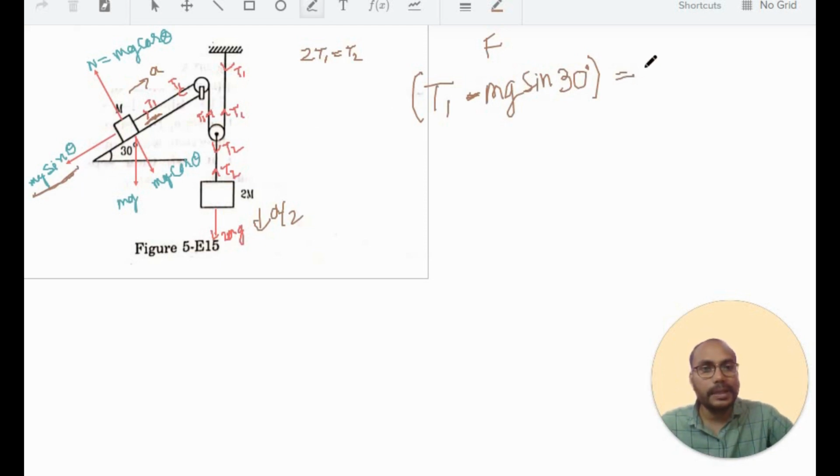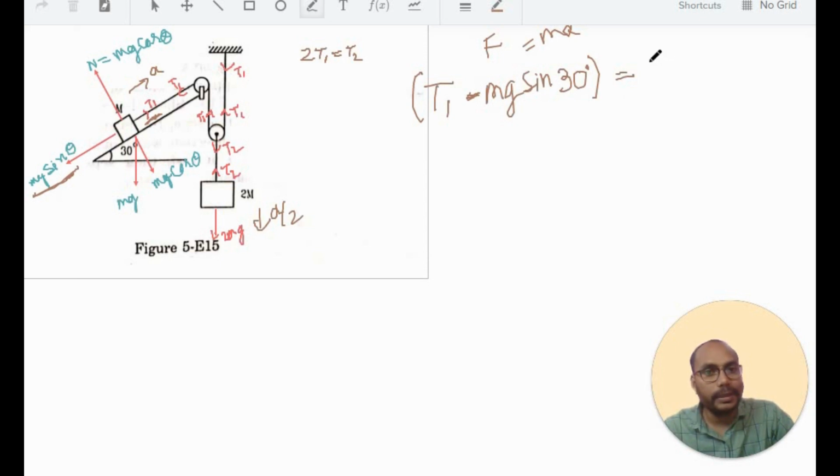According to Newton's second law of motion, total force equals mass into acceleration, F equal to ma. Here the total force along the inclined plane equals T1 minus mg sin theta.